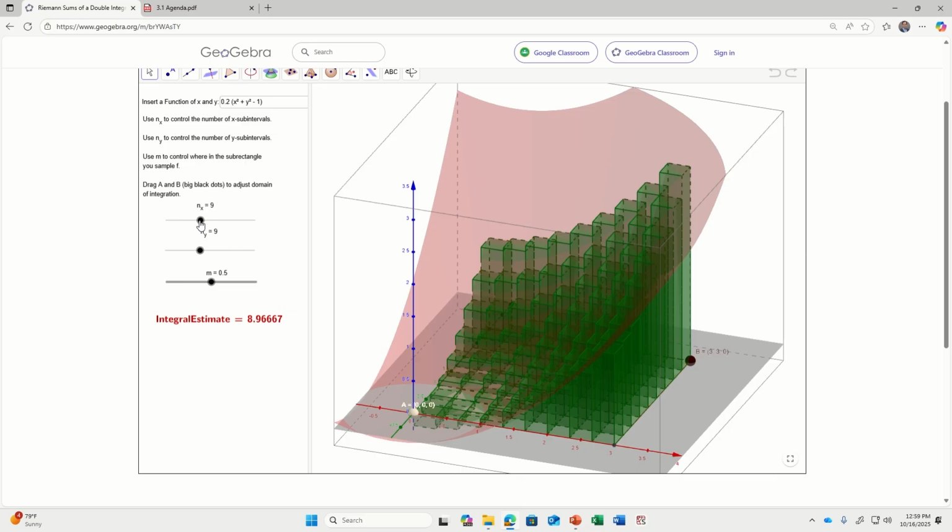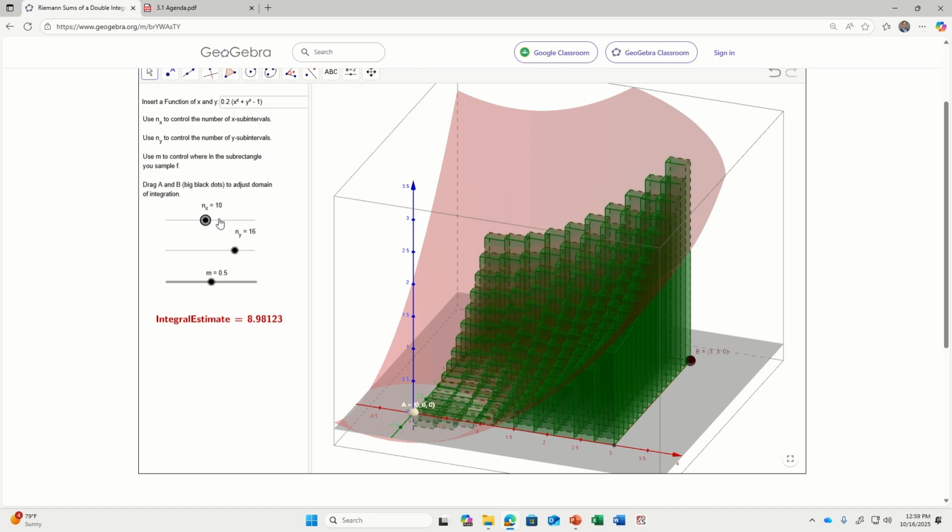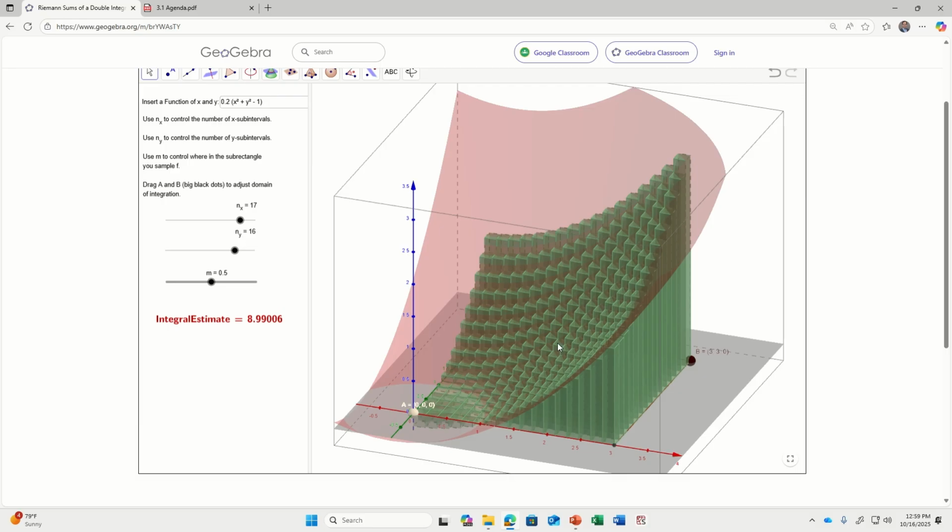It's a double Riemann sum. And I can choose how many rectangles I want in the y direction and how many rectangles I want in the x direction. And that makes this nice grid of rectangular prisms. And I think these are midpoint rectangular prisms. So the very middle of each prism is set to match the surface.